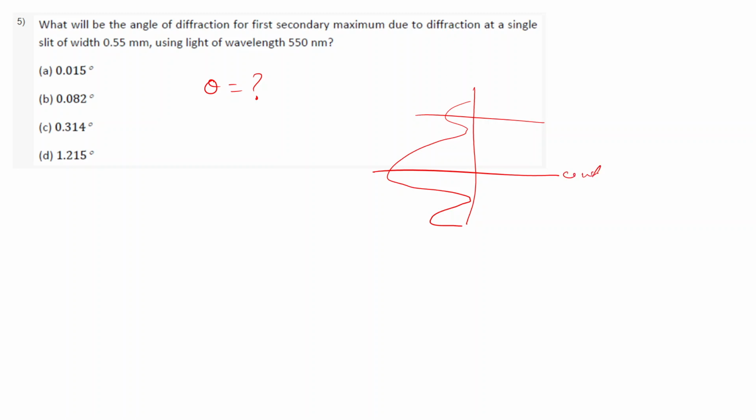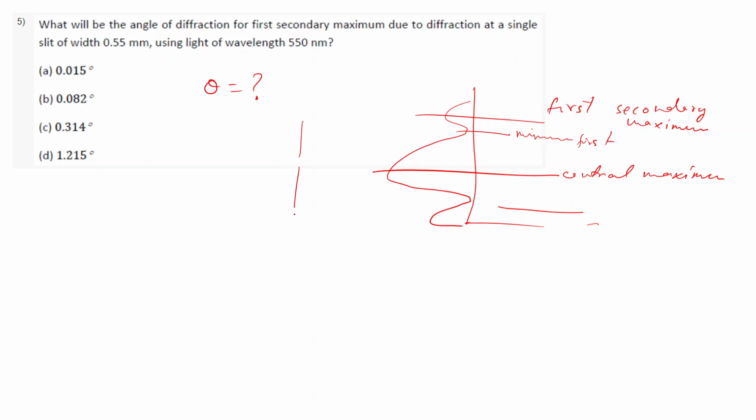On both sides, this is the minimum, and then this is the first secondary maximum. This is the first minimum.